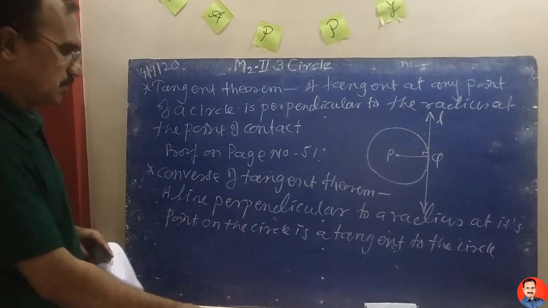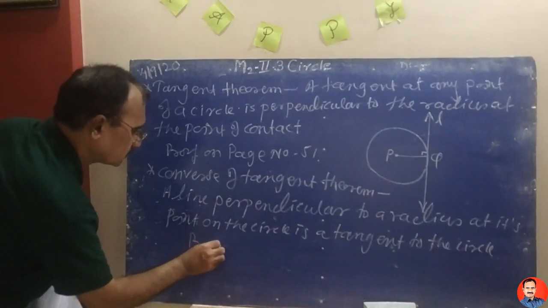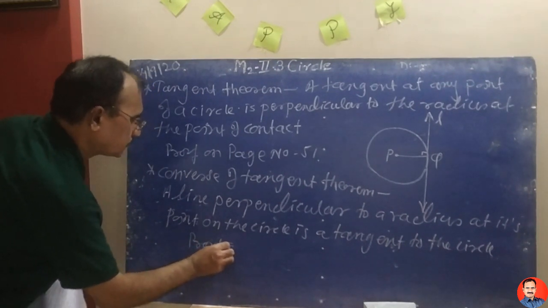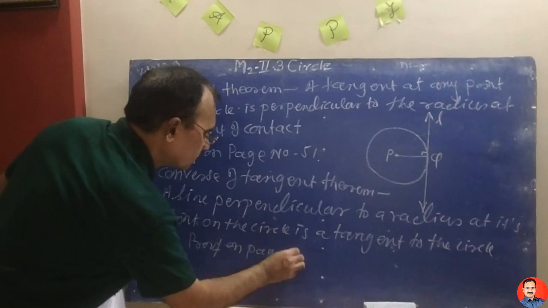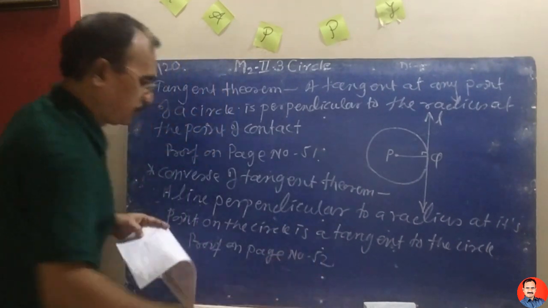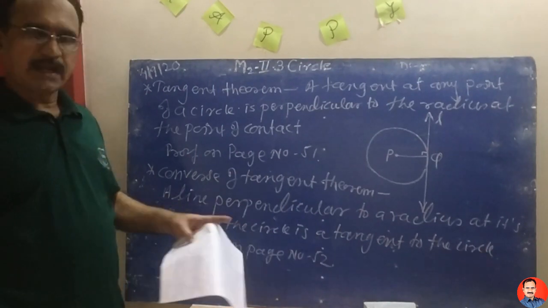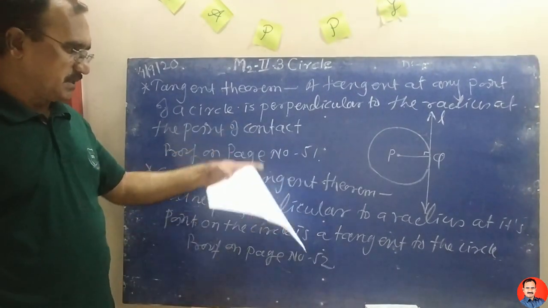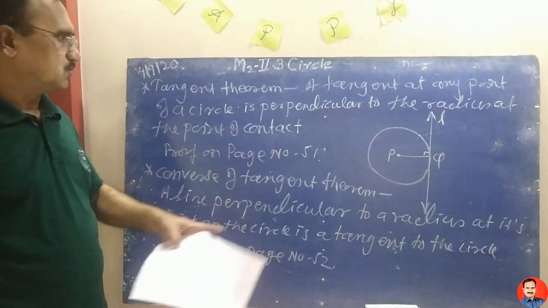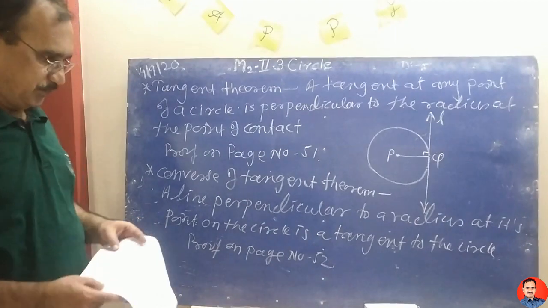This is the converse of the theorem, and the proof of this theorem is on page number 52. Read, write and try to understand the proof from your textbook, and then complete the proofs of these two theorems, the tangent theorem and the converse of this theorem also.